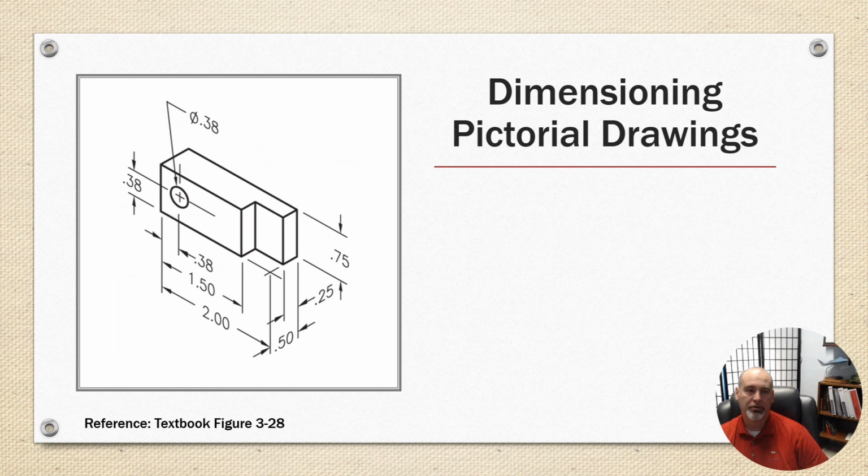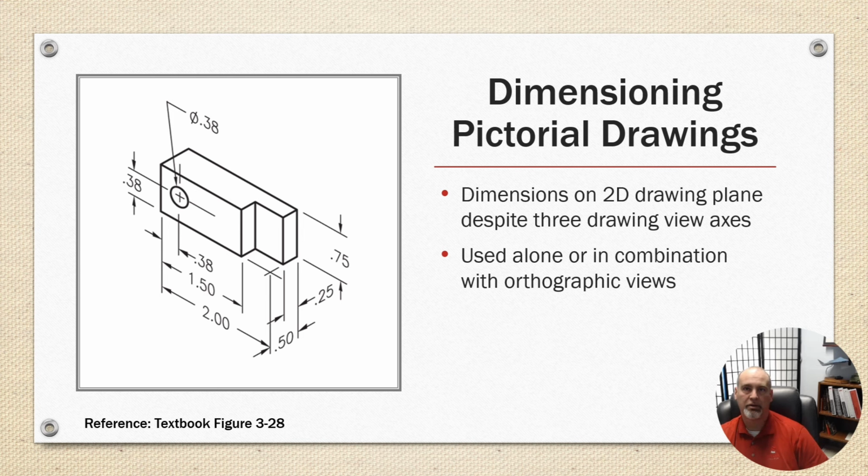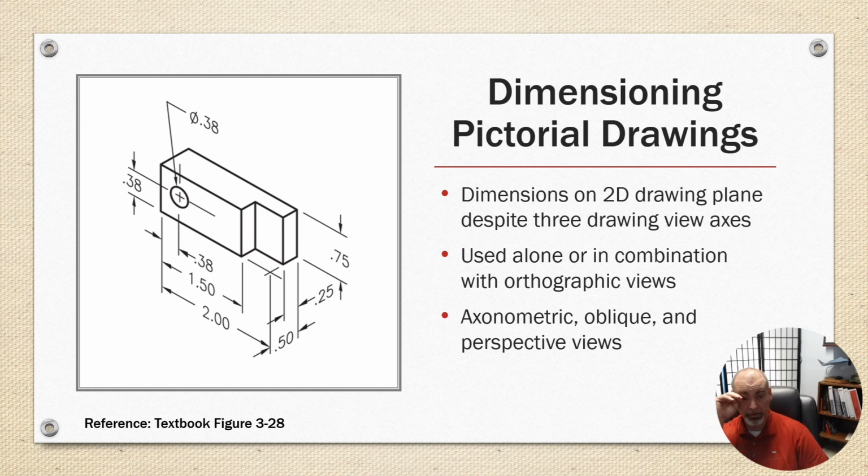Dimensioning pictorial drawings. Dimensions are on a 2D drawing plane despite 3 drawing view axes. This is used alone or in combination with orthographic views, and axonometric, oblique, and perspective views can be included in this type of dimensioning.